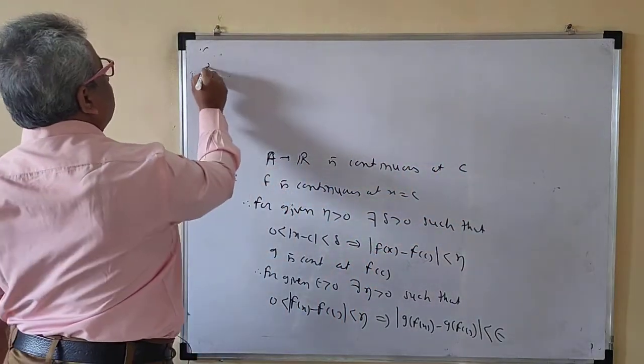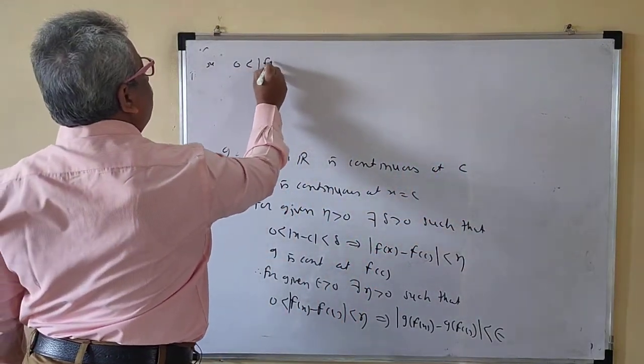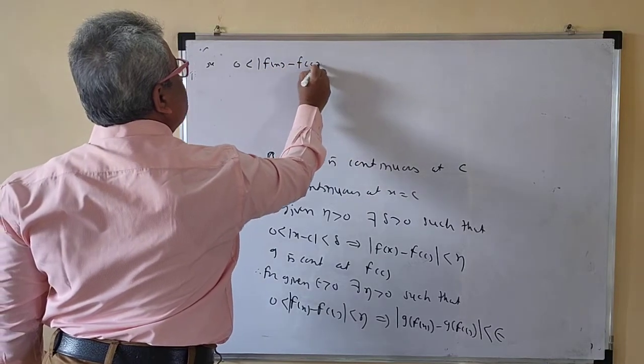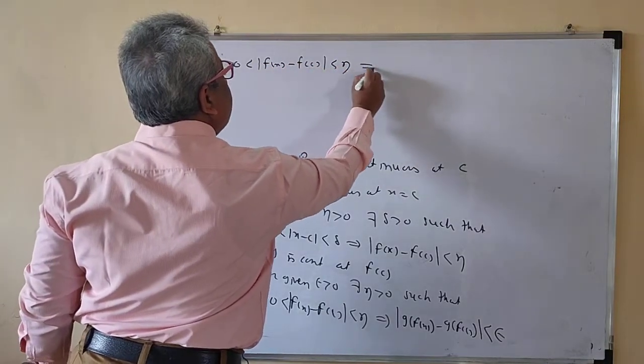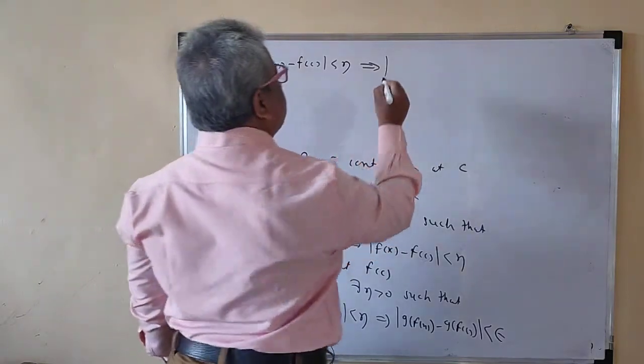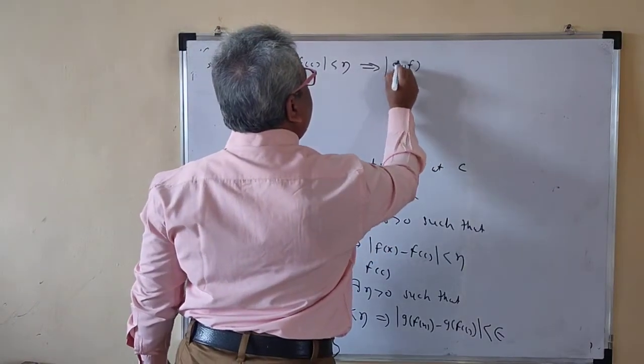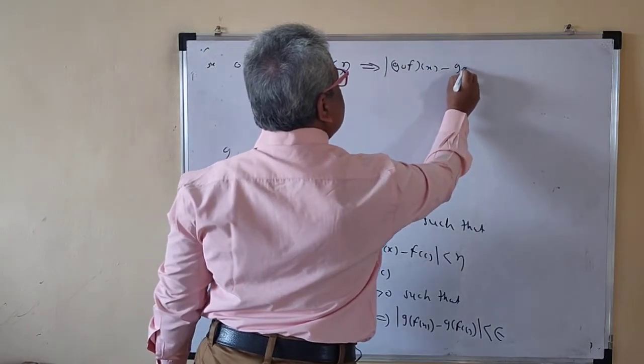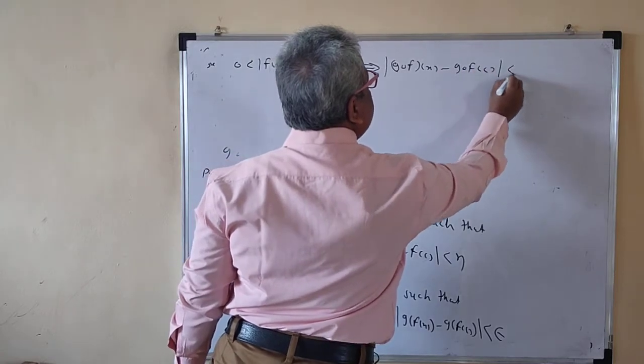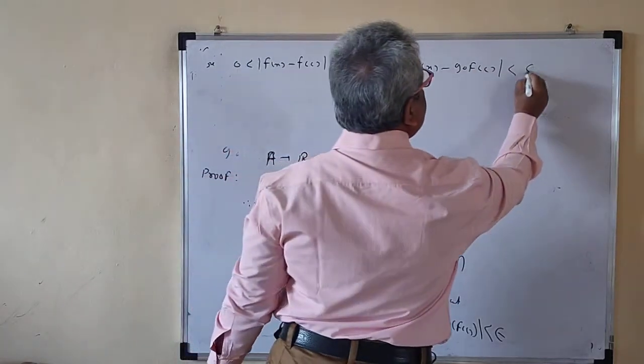That is, 0 less than mod of f of x minus f of c less than neta implies that mod of g compose f of x minus g compose f of c less than epsilon.